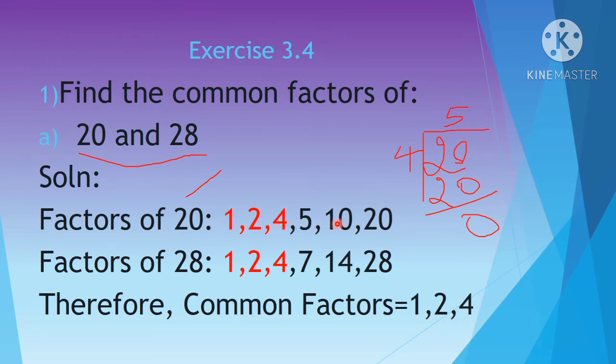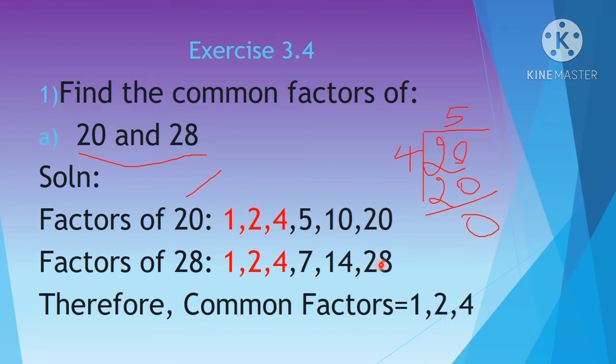Now for 28 check it. You have 1, 2, 4, 7, 14 and 28. So you have arranged them in ascending order, children. So the factors of 28 are 1, 2, 4, 7, 14 and 28.